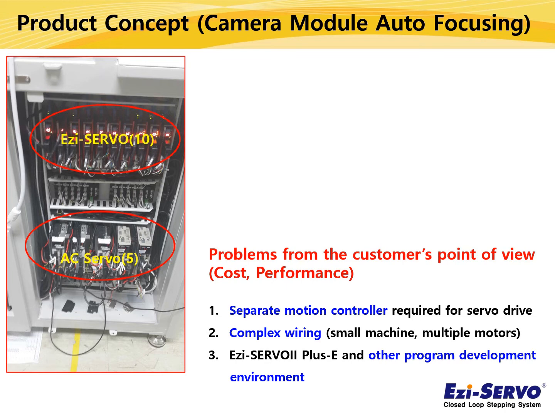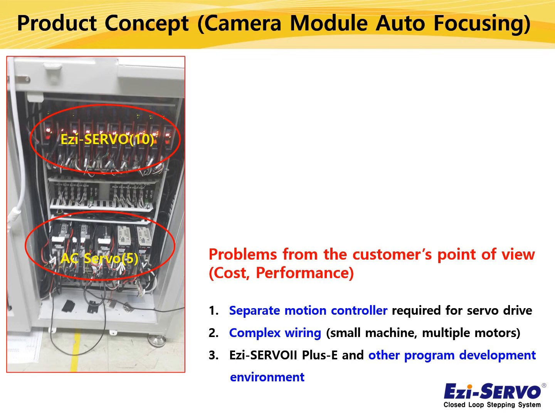But a separate motion board is required to control the 5-axis AC Servo. The customer needs to configure two different software development environments: a software environment to control an EC Servo, a software environment to control an AC Servo.